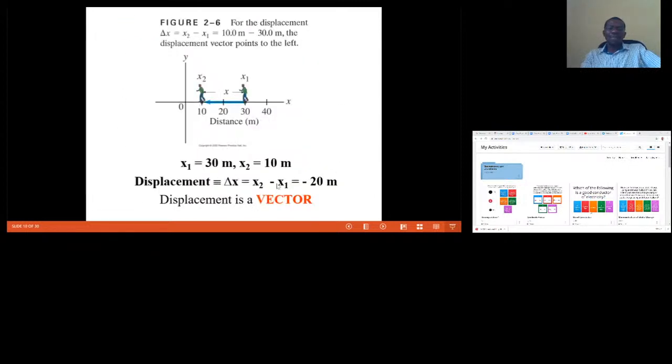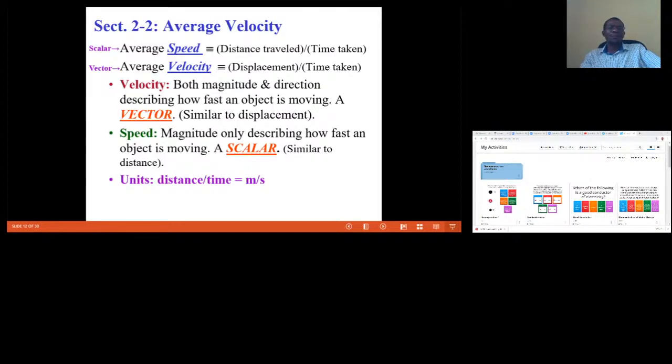So for instance, here where we are talking about the displacement, we saw that we had a negative sign, so the vector actually points to the left. That is in one dimension. Okay, as we are trying to wind up to go for a break, let us talk about average velocity and average speed.